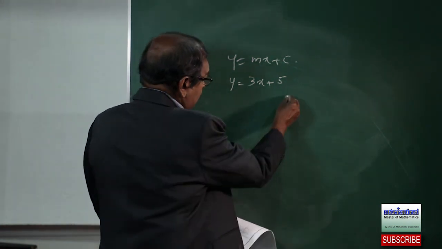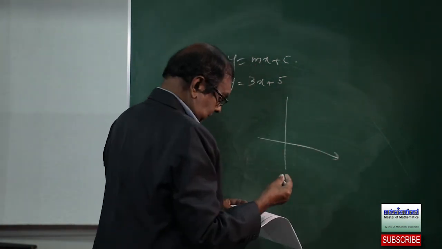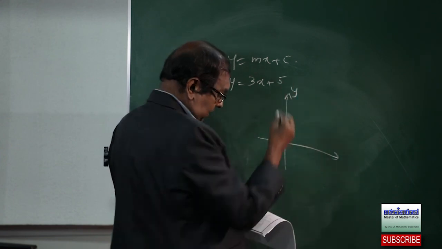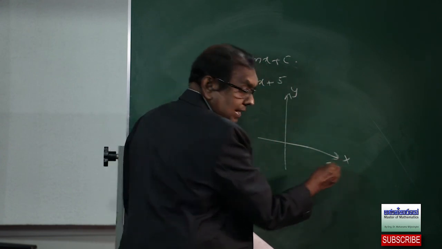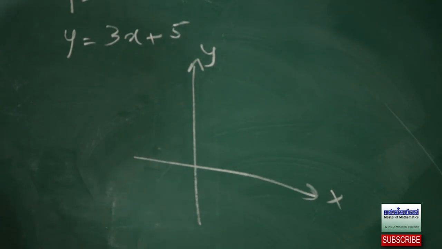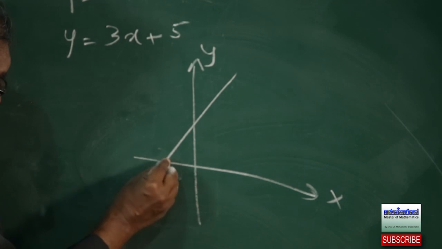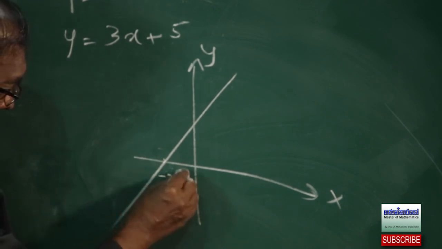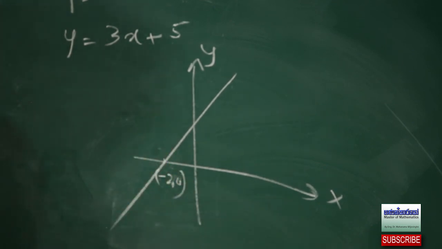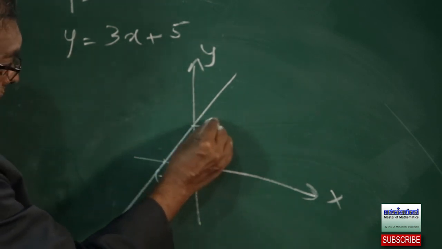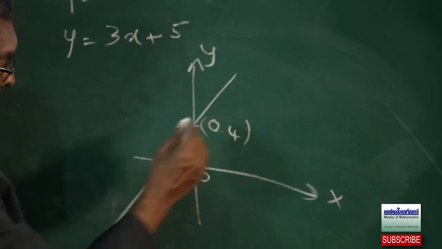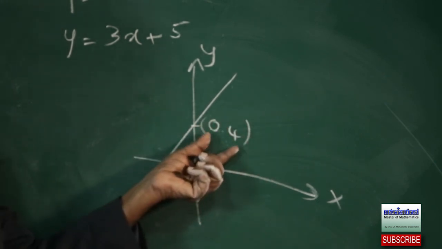For our example, the figure is given. This is the y axis, this is the x axis, and the line is given. Minus 2, 0, here 0, and 0, 4. These are the coordinates.